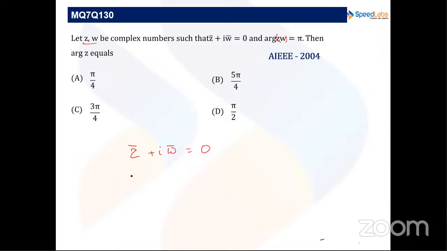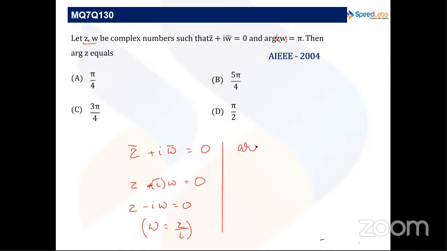If we take conjugate on all sides, this will be Z plus i conjugate into omega, and i conjugate will be minus i, sorry. So i conjugate and omega conjugate of conjugate will be omega equals 0. So Z minus i omega equals 0. From this we get omega equals Z upon i.